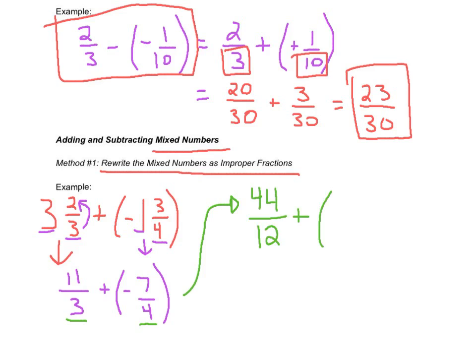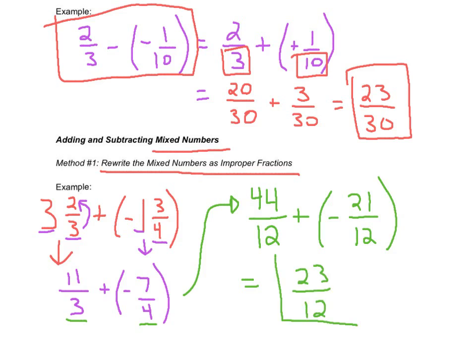And then we're adding that to a negative 21 over 12. 44 plus a negative 21 works out to 23 over 12. Okay, so that's the first method. We simply start out by switching them back into improper fractions.